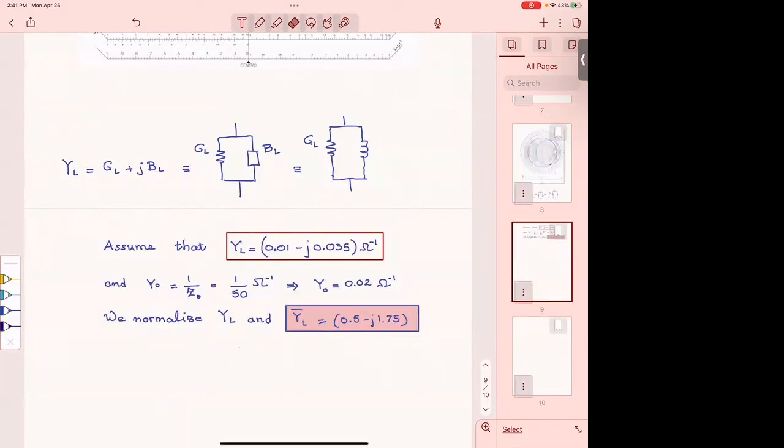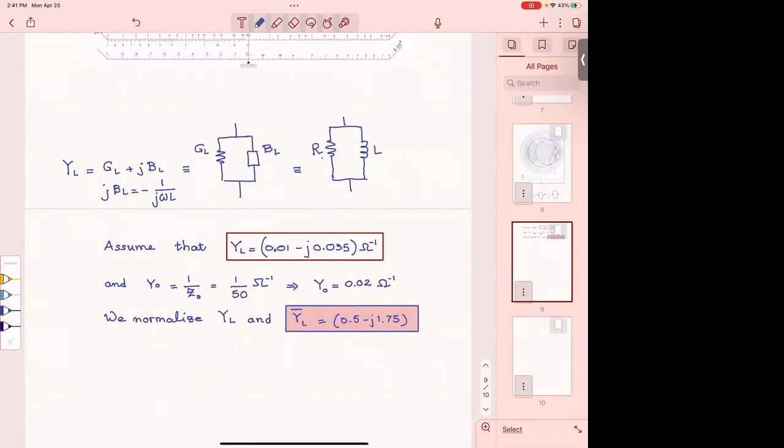So my B sub L is minus a number. Practically my jBL is going to be a minus j, and therefore the only way that a lumped element can give me a minus j as an admittance is this one. All right, and therefore this is L, if you want to write it like this, and this is R.